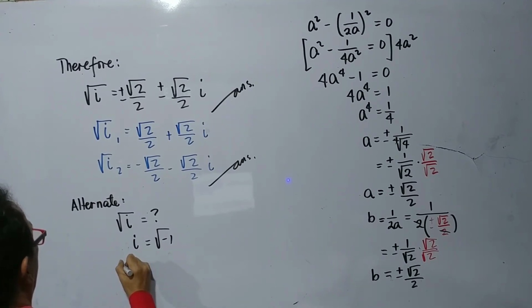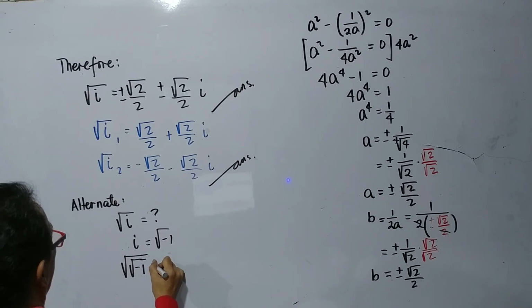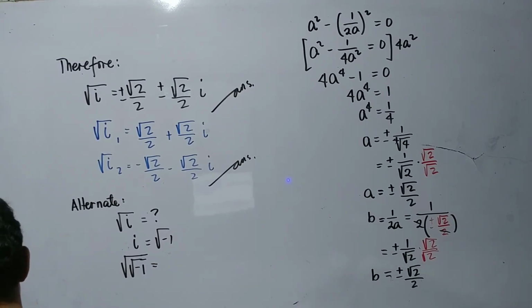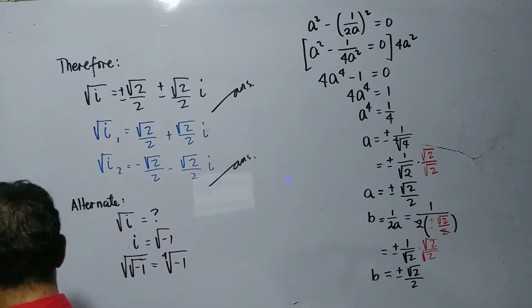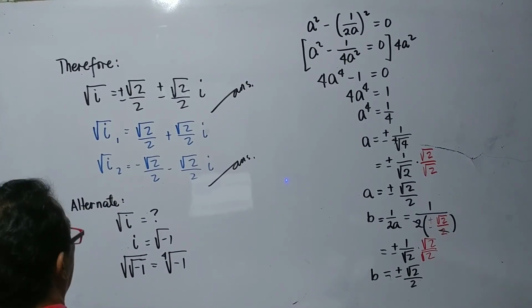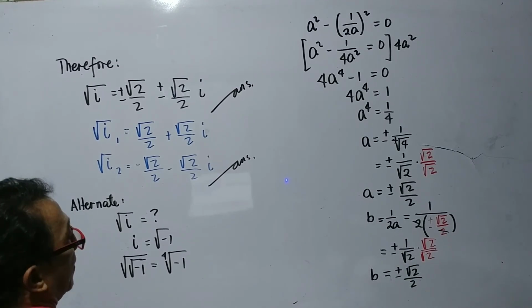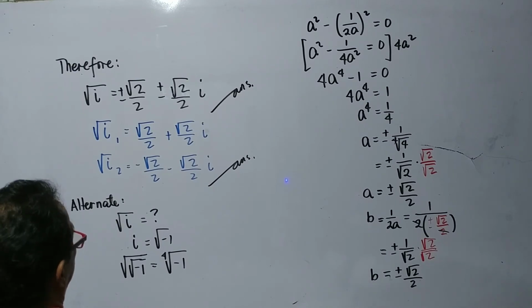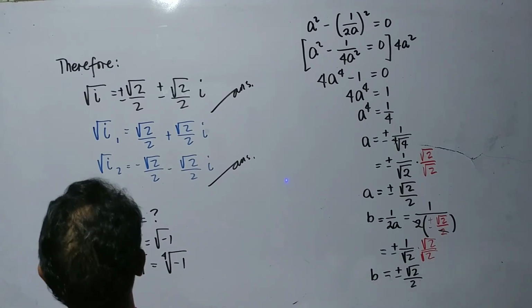So we have now square root of the square root of negative 1 is equal to the fourth root of negative 1. Another one is, this is for the exact.